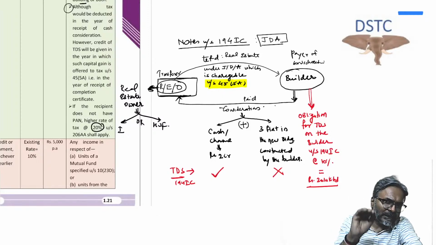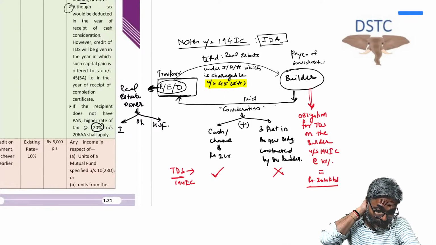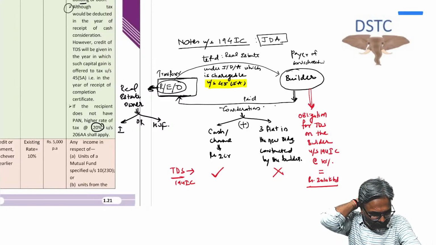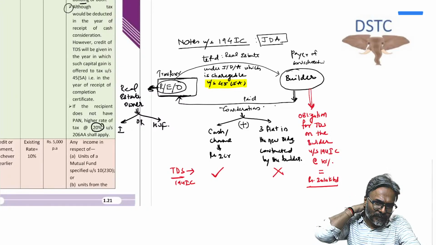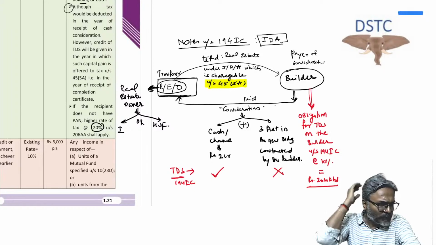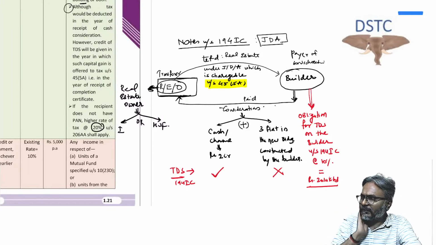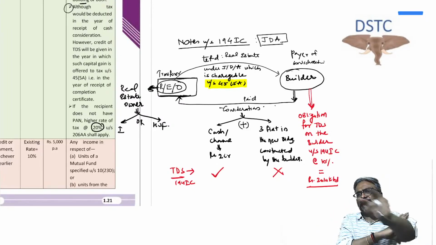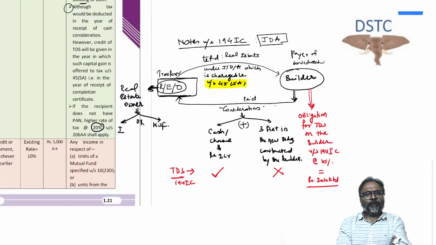Now my only humble request to all of you is this: as you proceed further, you have to be very careful. You have understood by now that the confusion will be supreme as we proceed further, and the confusion will lie on the rates part. I hope you are making the checklist on the very first page. The first checklist, if you can recall, was on 194C, 194J, 194H and 194M.